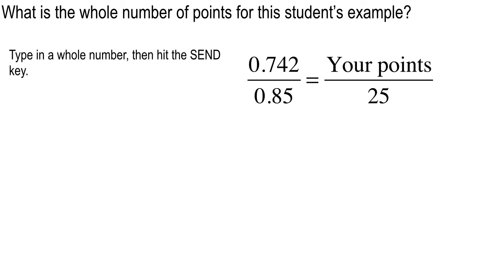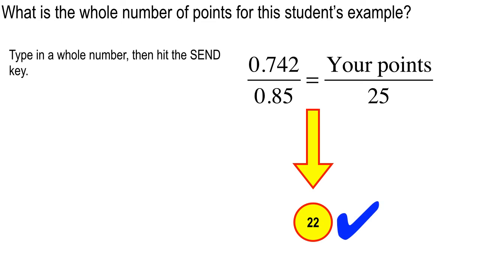This was a clicker question, and you don't have to use your clicker now, but for this particular student, he wants to figure out how many points he has right now. So you divide 0.742 by 0.85, and then you multiply by 25, and then you round up, and what you do is you get 22 points.